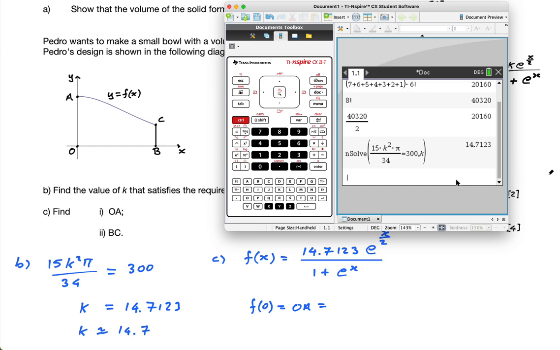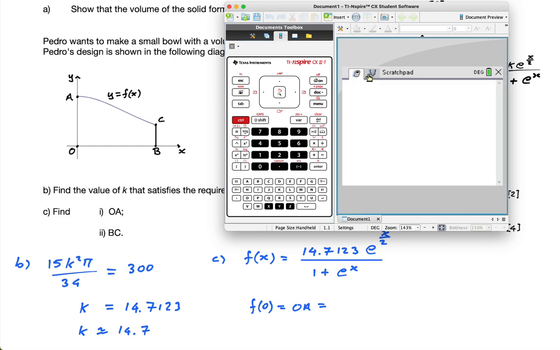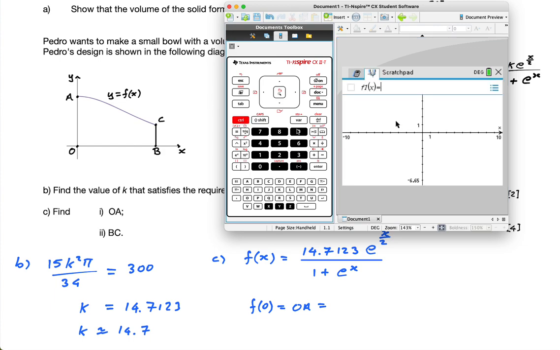Let's find it. I might just graph it, guys, because I might need this for the next question anyway. So the graph is 14.7123 times e to the x over 2, all over 1 plus e to the power of x.